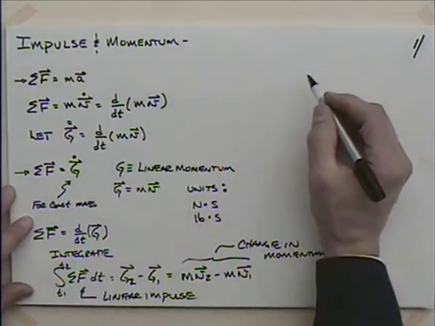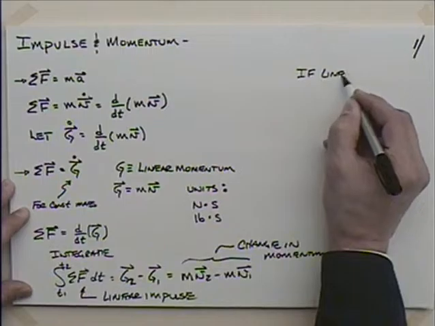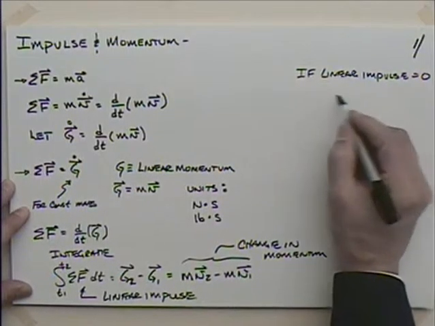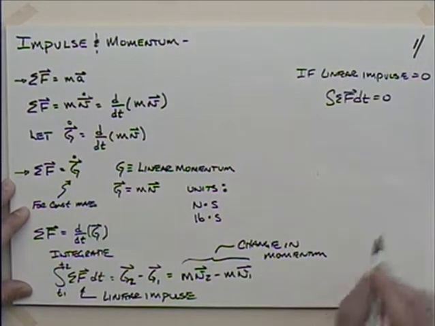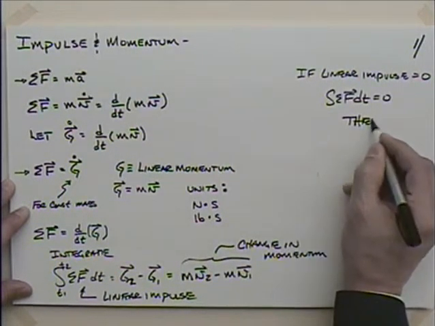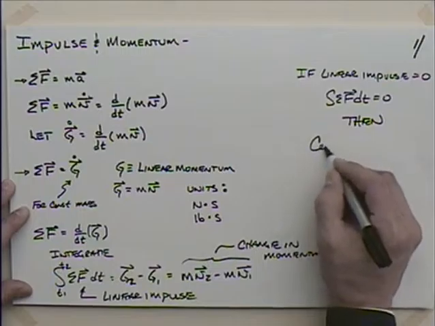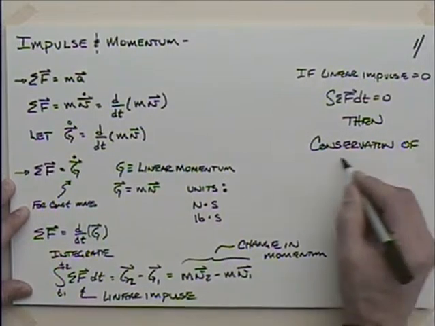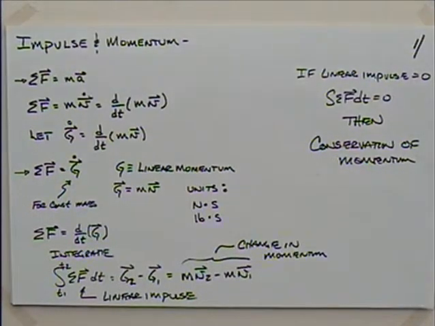We can say then if the linear impulse is equal to 0, or the integral of the sum of f dt is equal to 0, that's another way of saying that, then we have conservation of momentum. So if the linear impulse is equal to 0, we have conservation of momentum.